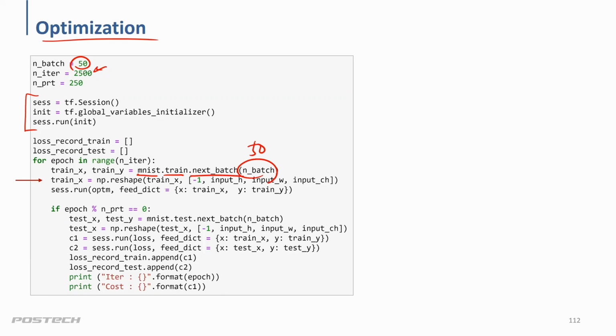I'm going to randomly select 50 of them and put them in train X and train Y. But this one is 784, so I need to reshape it to 28 by 28 by 1, and this one is the batch size. Then in order to optimize, we use feed dict with placeholder X and placeholder Y. I'm going to put in train X and train Y to run it.